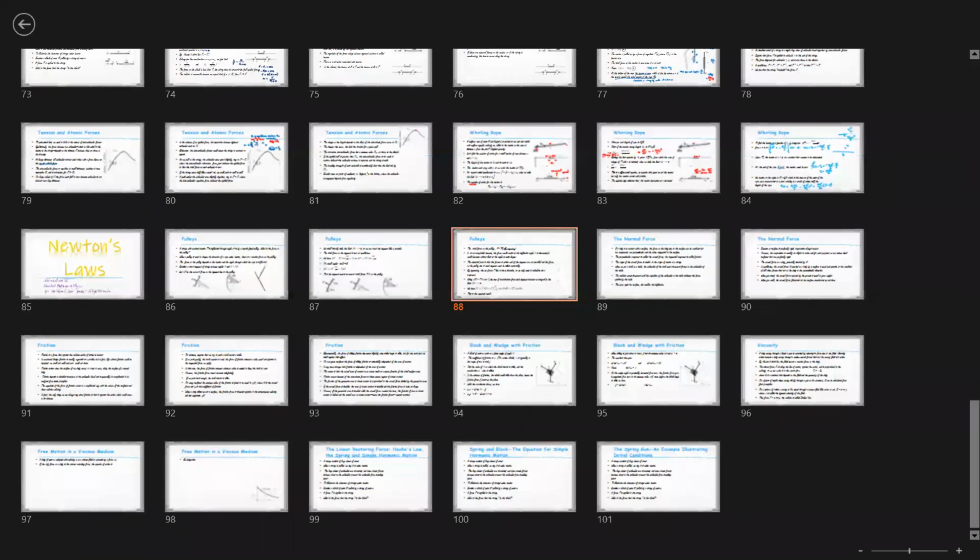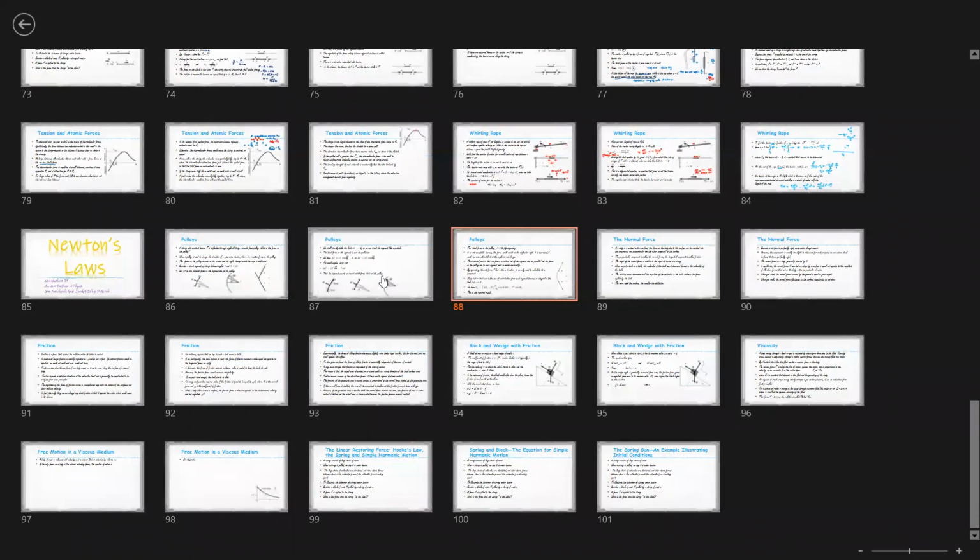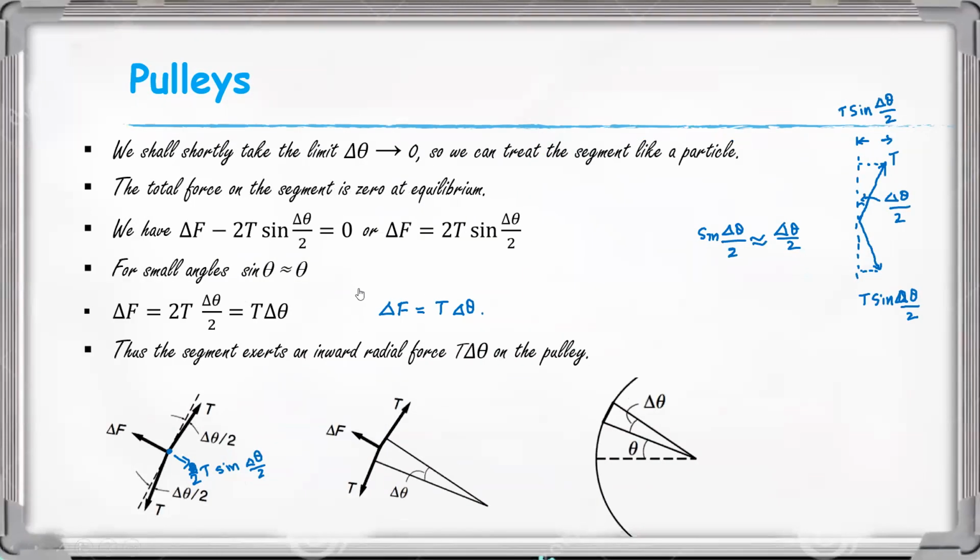In the previous slide, we have obtained this figure, and here we obtain the delta F. What is delta F? Delta F is the inward radial force. Here we consider that delta theta is approximately 0.